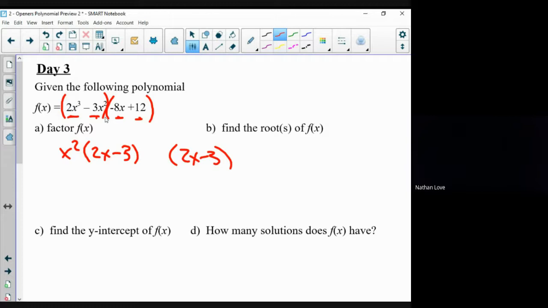So the only way I can get there is to pull out a -4. Remember that you can try to multiply that back in. It should end up being whatever this is.